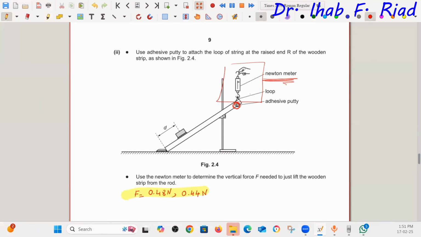That we attach a Newton meter at a point over here, and then we slowly lift the piece of wood, and we take a reading on the Newton meter when the wooden strip just leaves the boss.